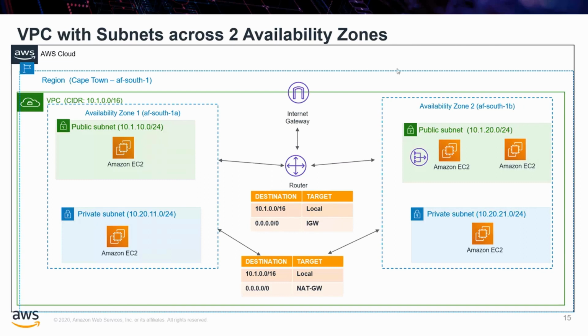If you look at this, you can see that there are 2 routing tables. The first one has each VPC has a CIDR block associated with it. The maximum you can have is /16. That gives you about 65,000 IP addresses. And the minimum you can have is /28. So I will show you how we go about creating CIDR blocks in a VPC.